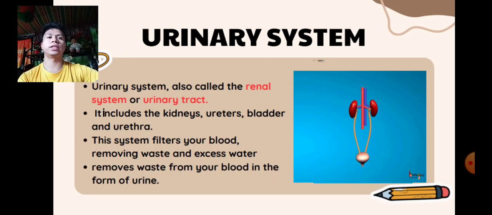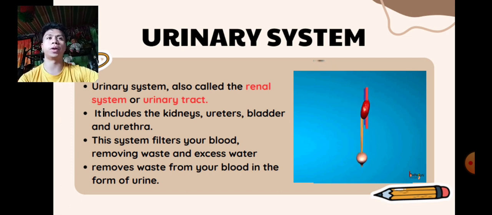The urinary system is also known as the renal system or urinary tract. It is composed of two kidneys, two ureters, one urinary bladder, and one urethra. After the kidney filters the blood, it returns most of the water and solutes to the bloodstream.